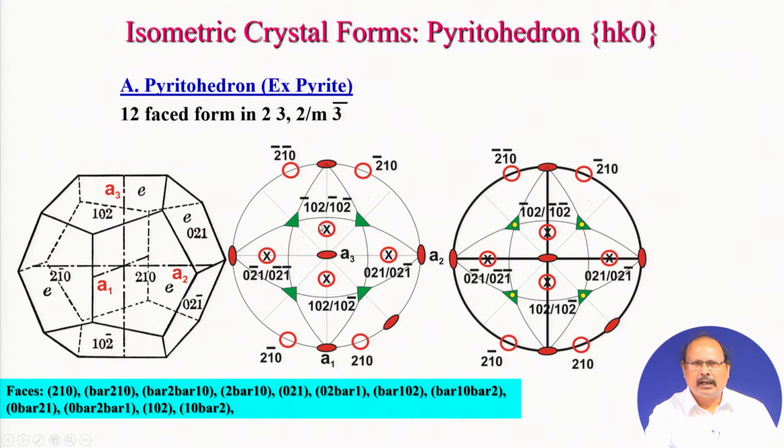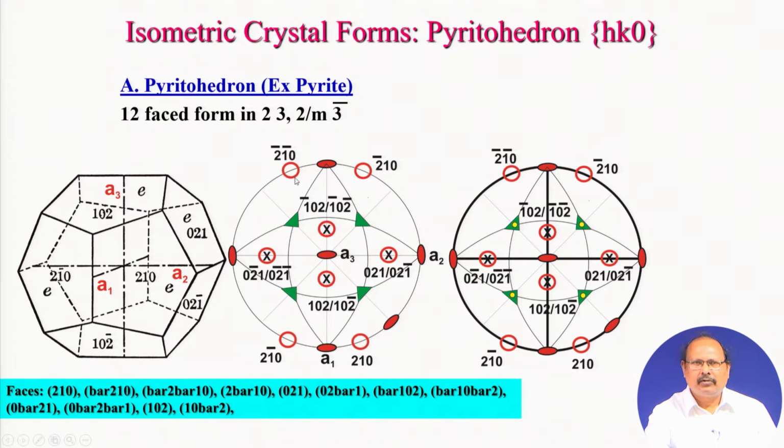So, it will be lying between bar 1 0 1 and 0 0 1, and this will be bar 1 0 2. Now, this will again be acted upon by this triad here, and after a 120 degree rotation, this open symbol will be rotated to this position here. So, what will be this position here?